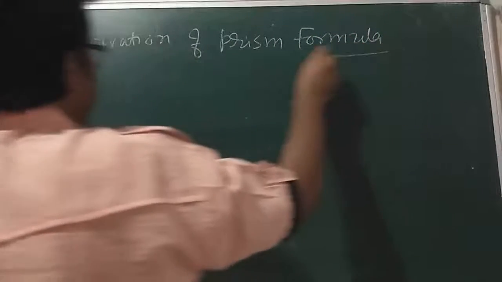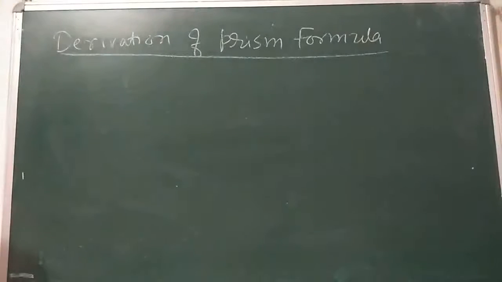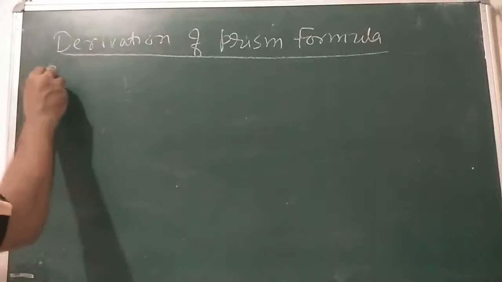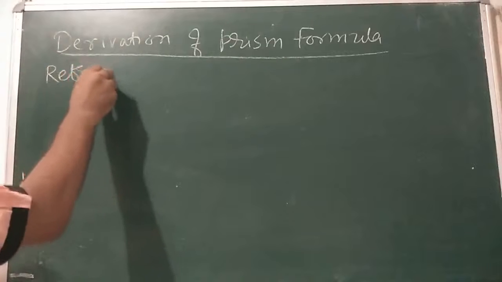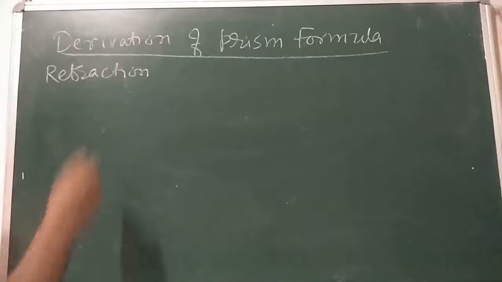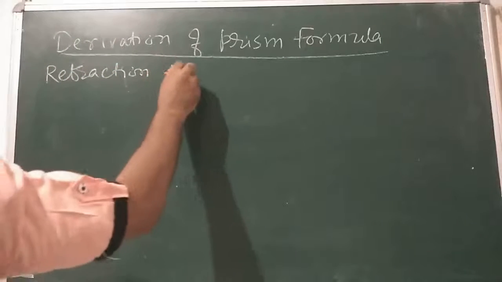For that, we have to see how with the help of a prism we can see the refraction through a prism. We are going to see first refraction through a prism.